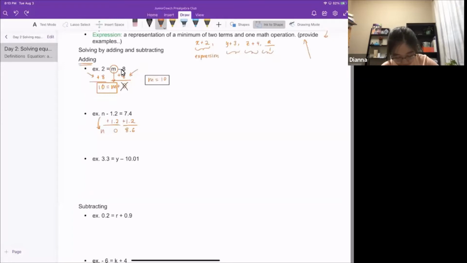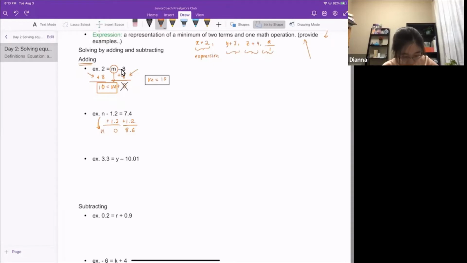So I'm going to add it to both sides, because whatever I do to one side of the equal sign, I have to do to the other side, right? So this goes to 0, because negative 10.01 plus positive 10.01 is just 0. And what about this side?